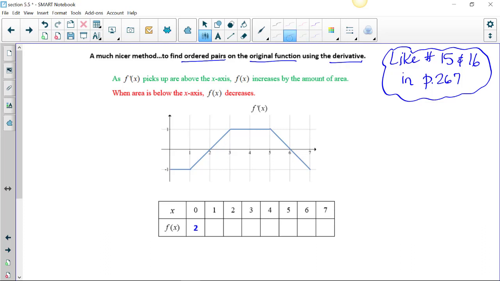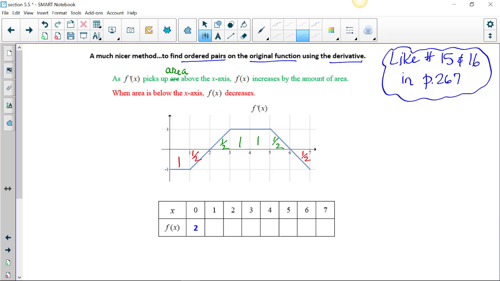Okay, let me put my areas back in. I know this is 1, 1/2, 1/2 below, 1/2 above, 1, 1, 1/2. Okay, so as f prime of x picks up area, sorry, that's a typo, picks up area above the x-axis, so as we're going from 0 to 7, we're accumulating area.